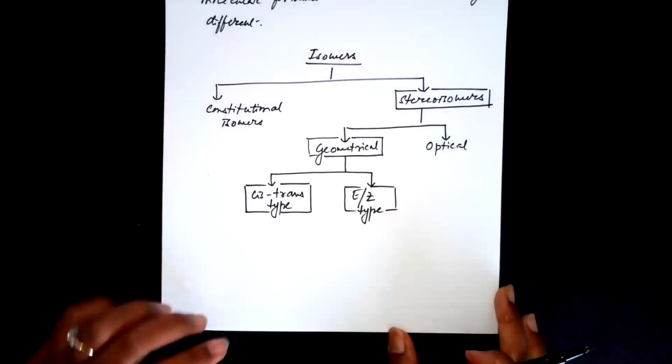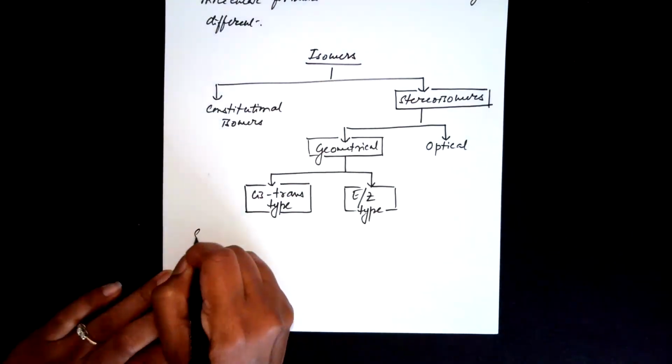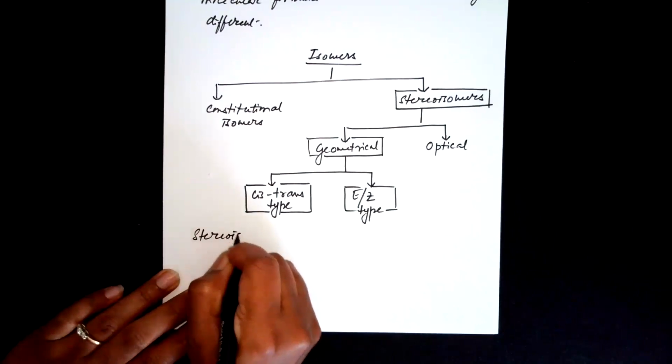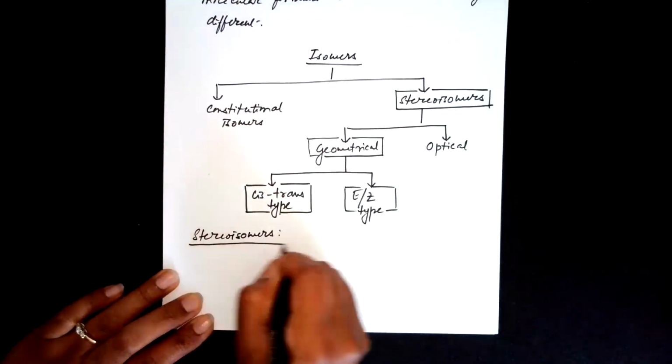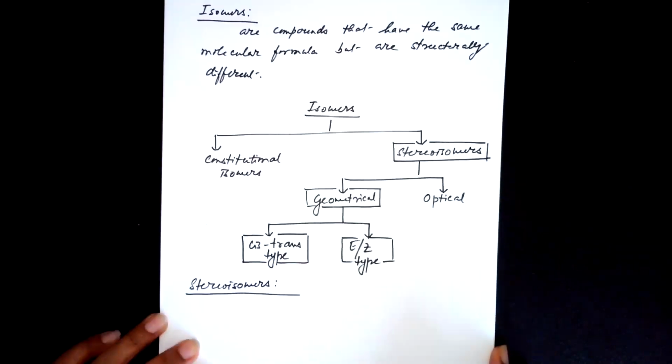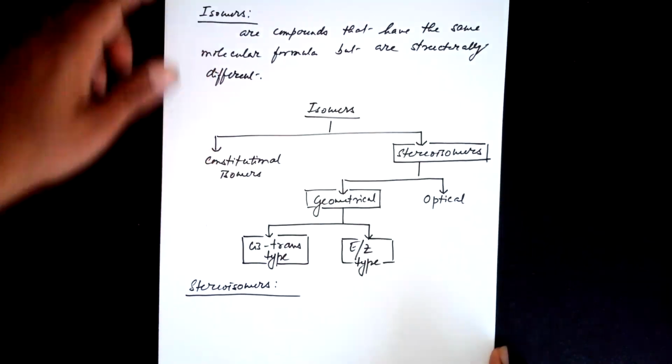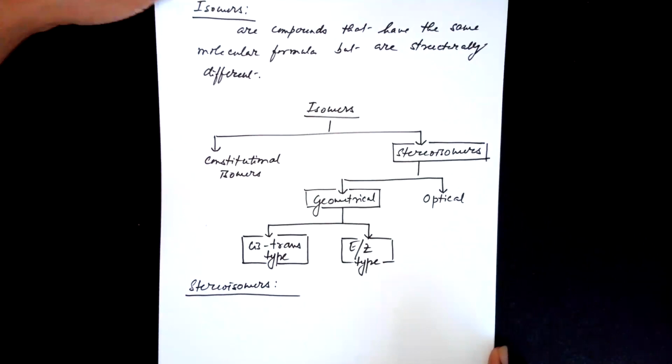Okay, what are stereoisomers? So the last part of the name says isomers. So whatever definition was true for isomers, a part of that definition must be true for stereoisomers as well.